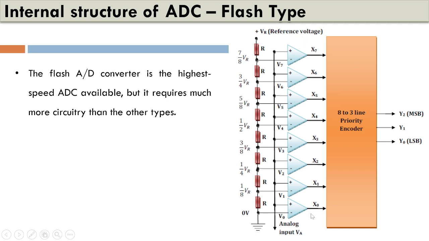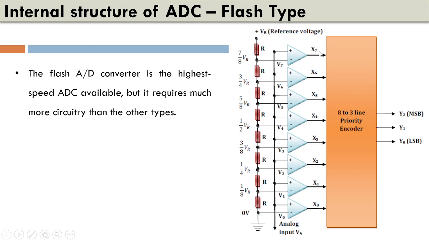So even if we have a trigger input at x0, and there is also a trigger input at x1, the trigger input at x0 will be ignored. Rather, the information will be processed only for x1 at the output. So keeping this in mind, let's move on to the next part.